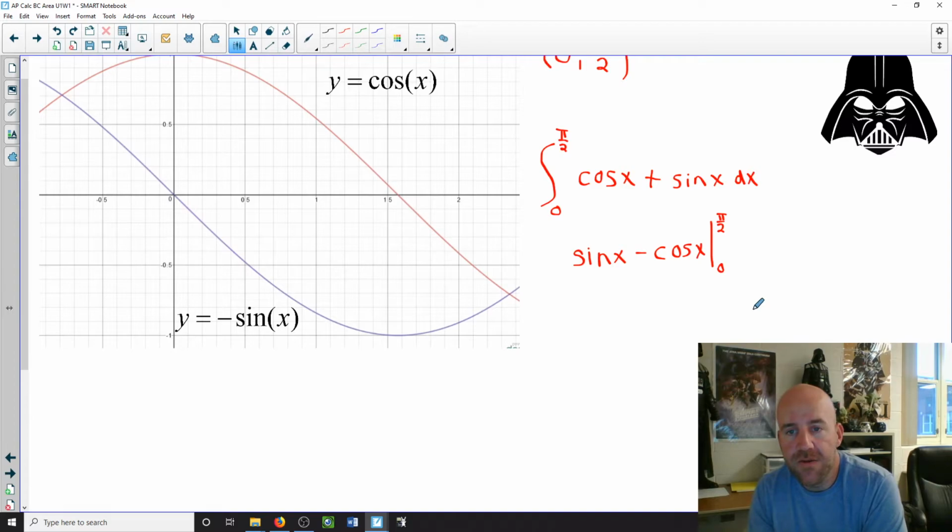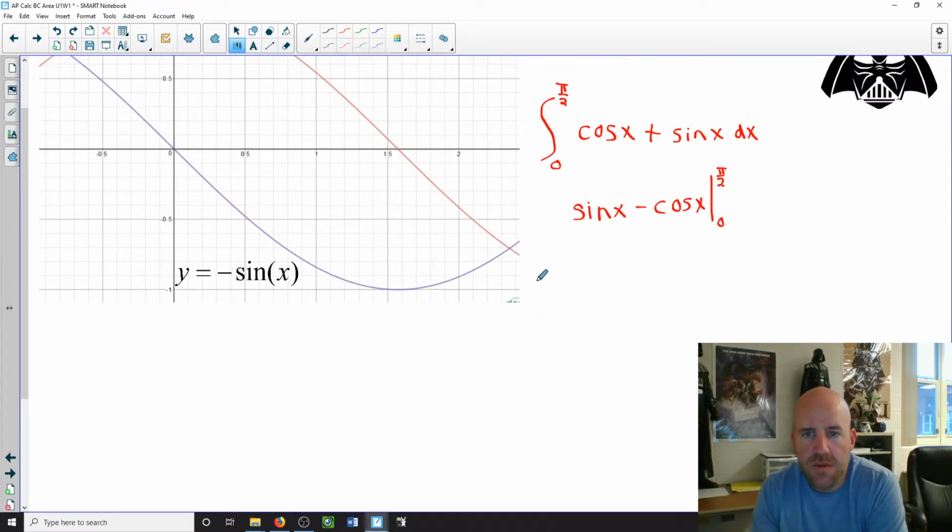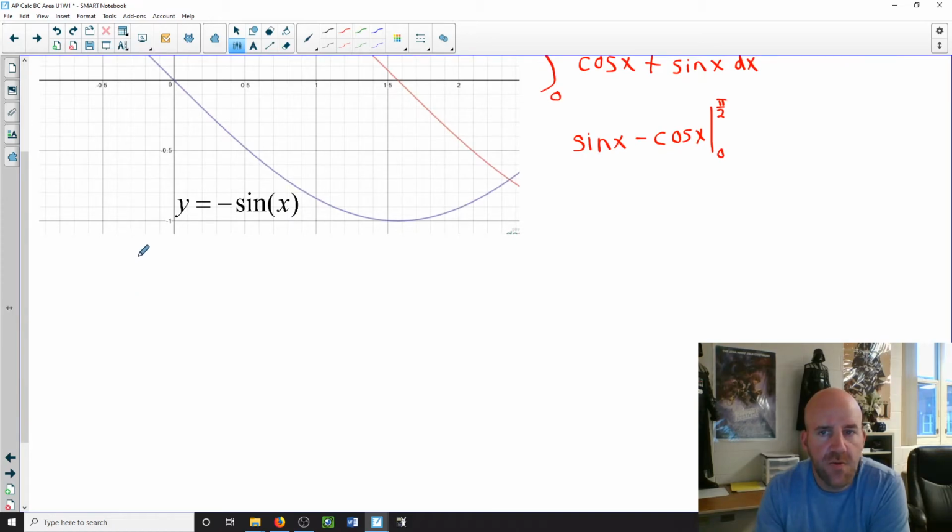Now we need to evaluate. So actually I'm going to go down here and get a little more room. So sine of pi over 2 minus cosine of pi over 2 minus sine of 0.